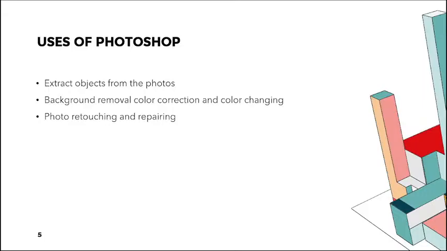So we call it color correction. And another thing is, think you are in a photo with a red t-shirt and you want to have a photo with a blue t-shirt. In that case, you can change the t-shirt color by using Photoshop.